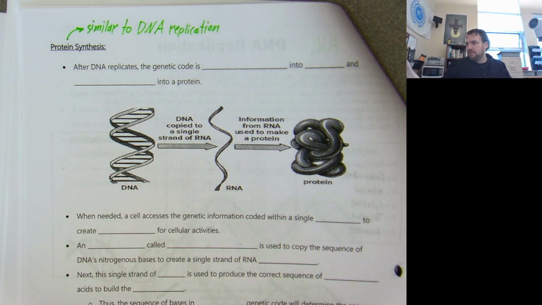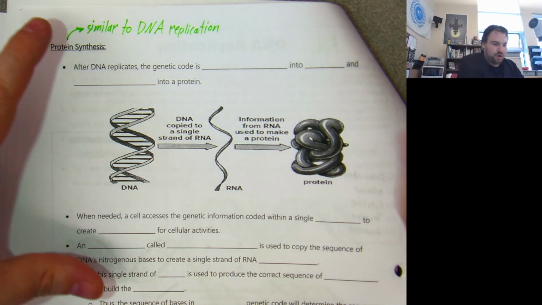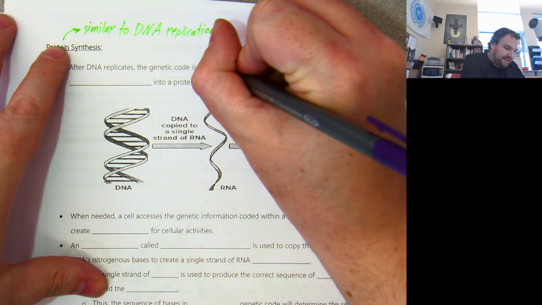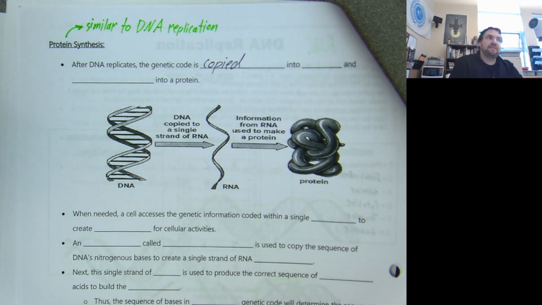Let's find a different color. Let's go purple, I guess. After DNA replicates, mitosis is done. Now, interphase begins again in the daughter cells. After DNA replicates, the code is copied again. But not all of it, just pieces of it.